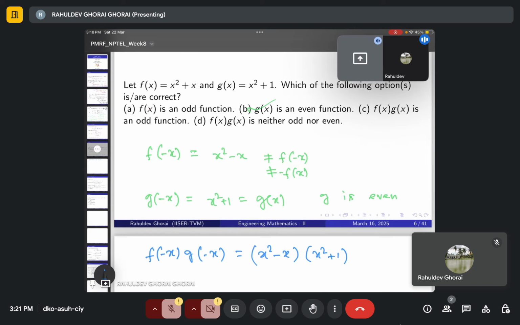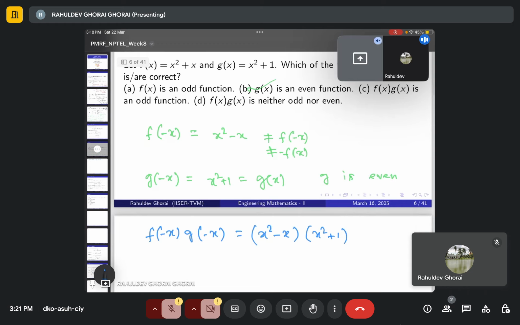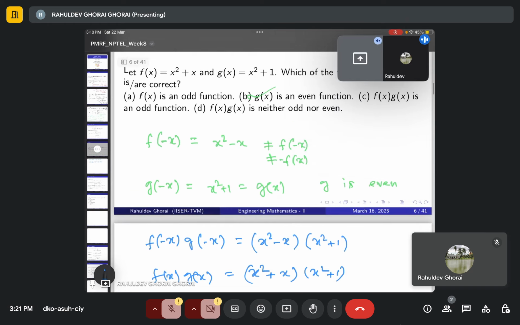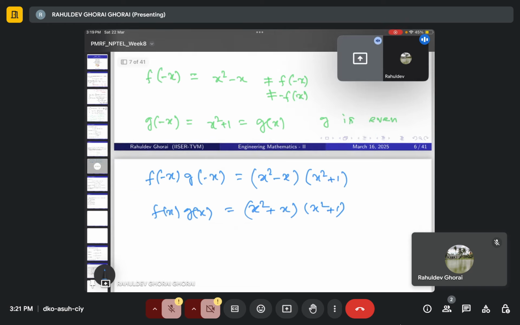It will be easy to see, because f(x) times g(x) will be x squared plus x times x squared plus 1. Can they be equal for all x? Because the functions are defined over the full real number line, they cannot be equal.